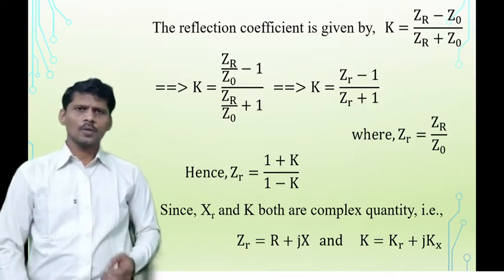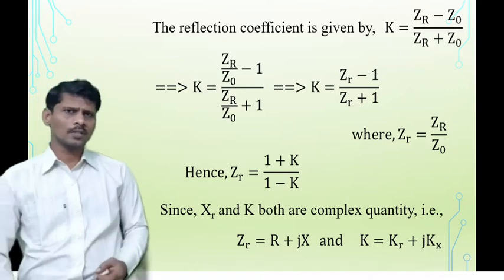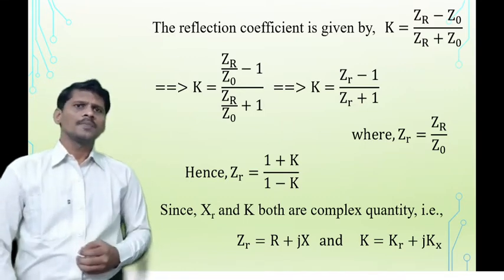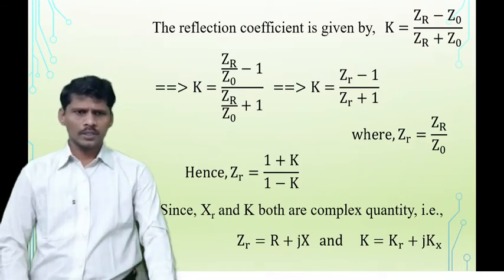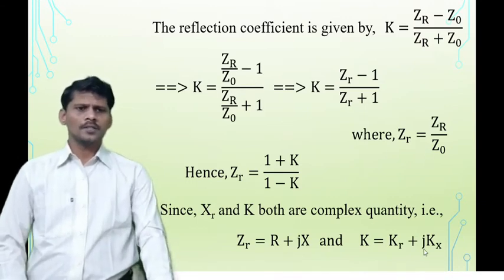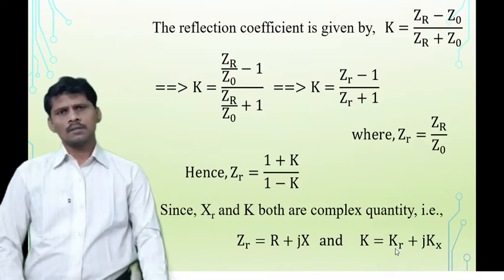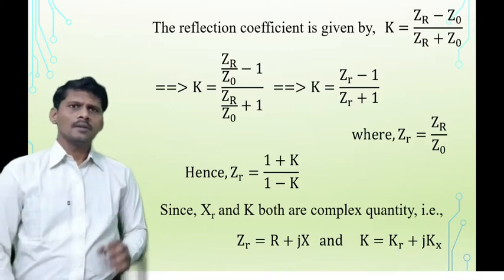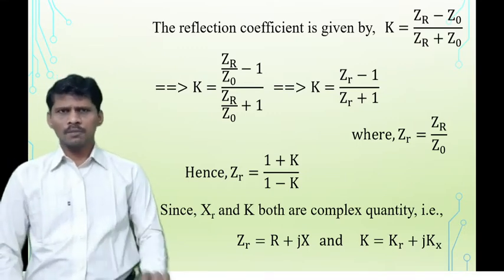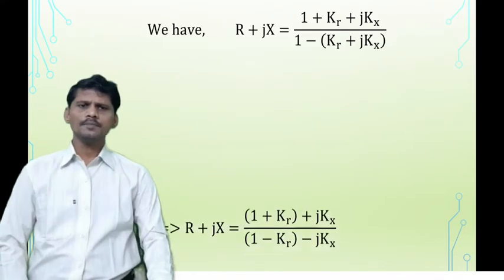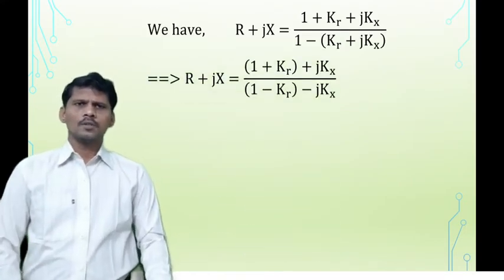So zr is equal to R plus jX, and the reflection coefficient K is also a complex quantity, with a real part and an imaginary part. So K is equal to Kr plus j Kx, where Kr is the real part of the reflection coefficient and Kx is the imaginary part of the reflection coefficient. Okay, so what is the normalized?